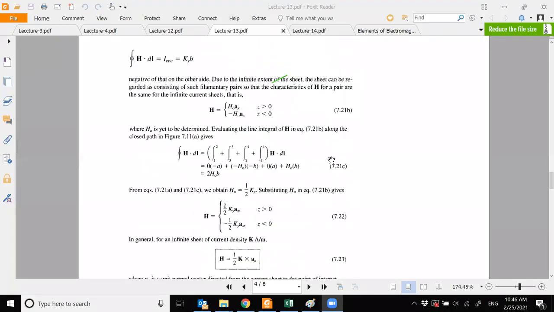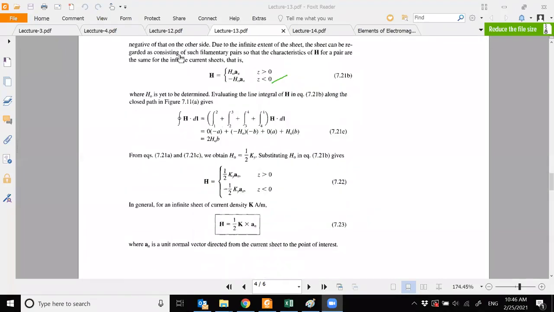So if you go down, here you will see that K_y b is equal to 2 H naught of b, H naught of b plus H naught of b. So b cancels, my H naught is K_y over 2.